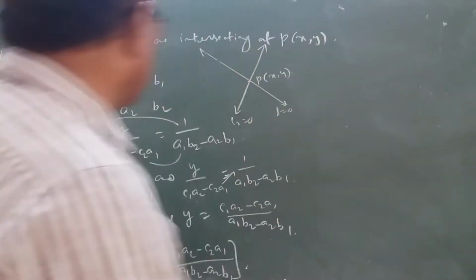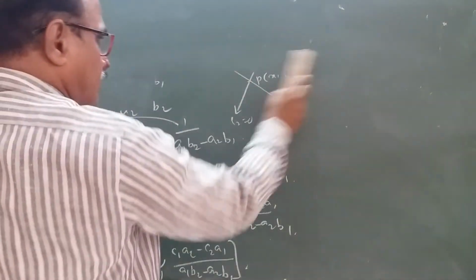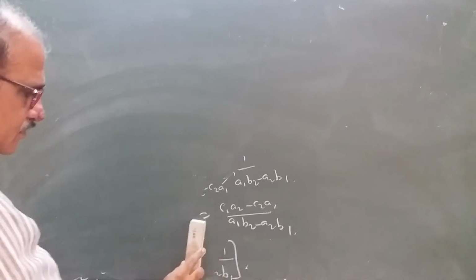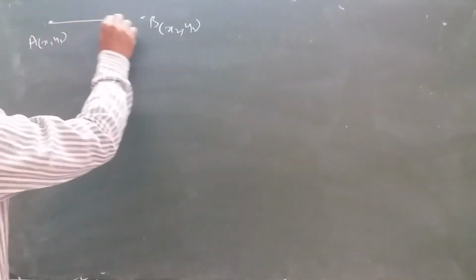Next point is, a straight line is there and two points are there. If A and B are two points, A(x1, y1) and B(x2, y2), in the same plane, with the line segment joining AB.